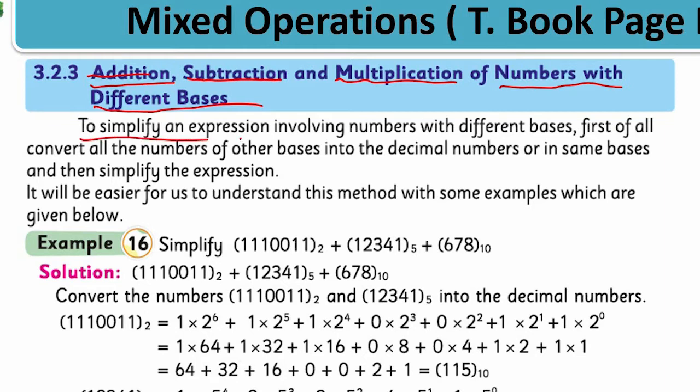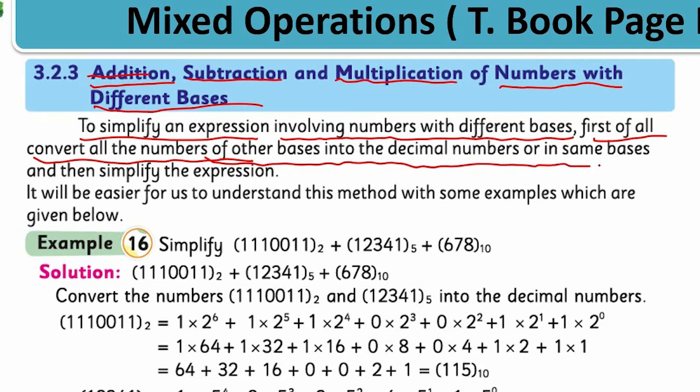To simplify an expression involving numbers with different bases, first of all, convert all the numbers of other bases into decimal numbers. Check that they are in the same base.